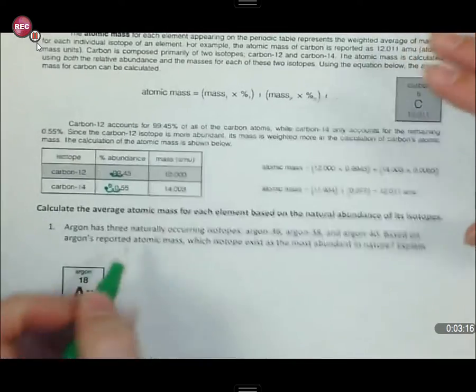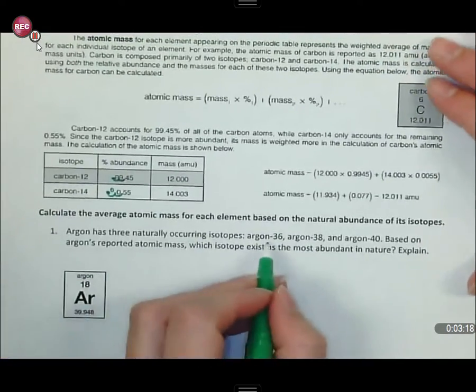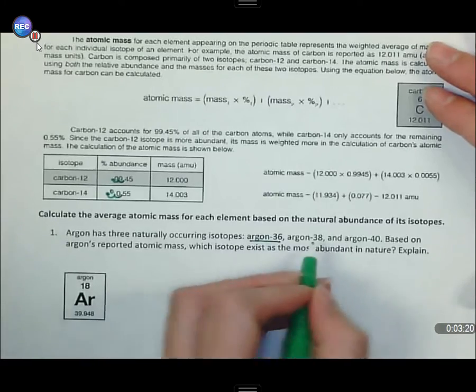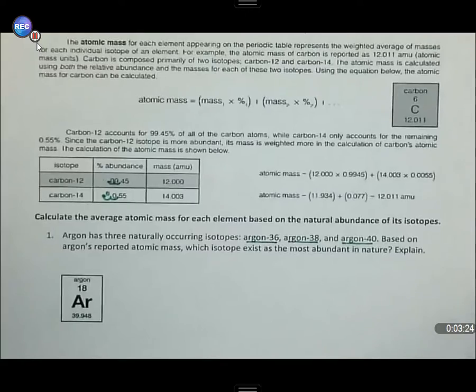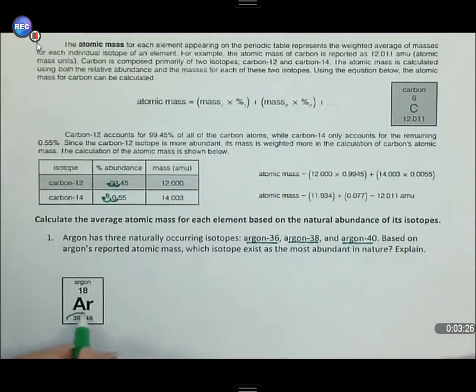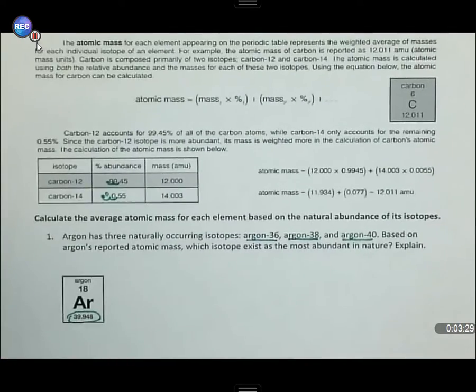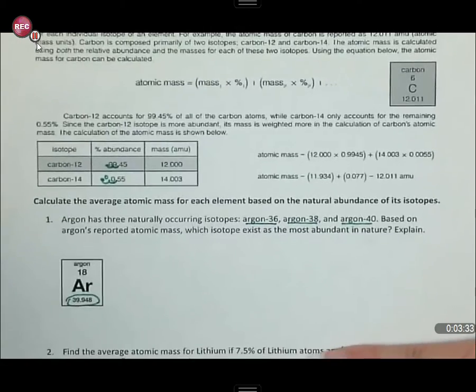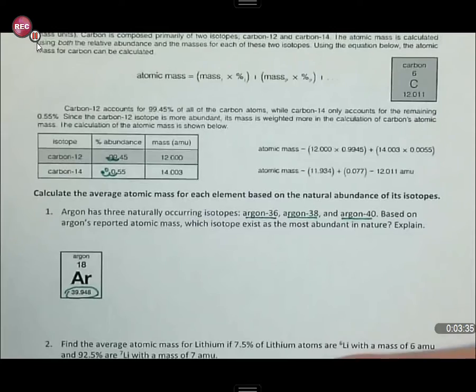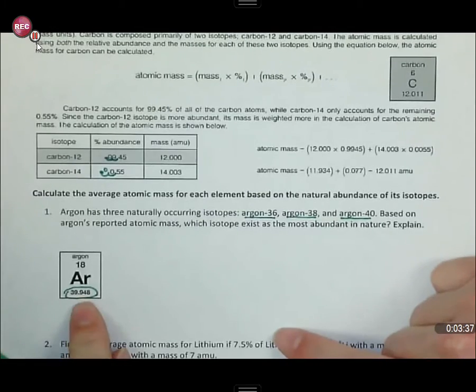Okay, so argon has three naturally occurring isotopes, argon-36, argon-38, and argon-40. Based on argon's reported atomic mass, which is 39.948, which isotope exists as the most abundant in nature? Well, if you think about it, what we're trying to do is match to this mass number.